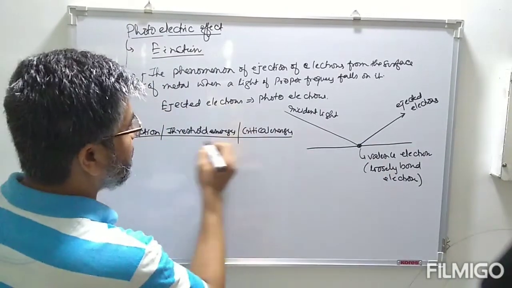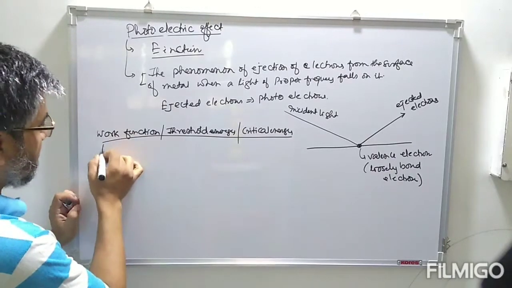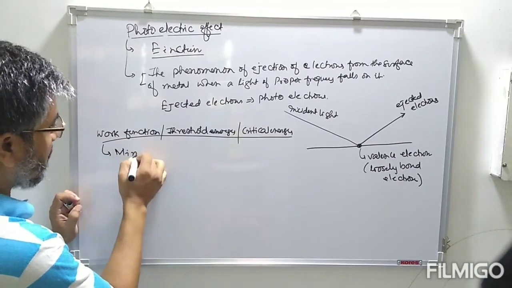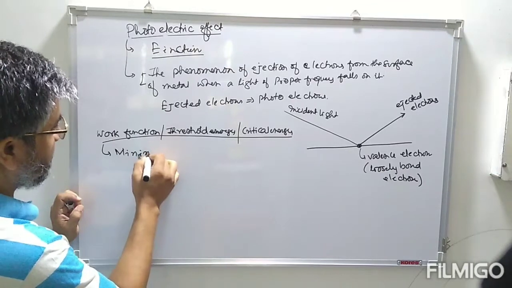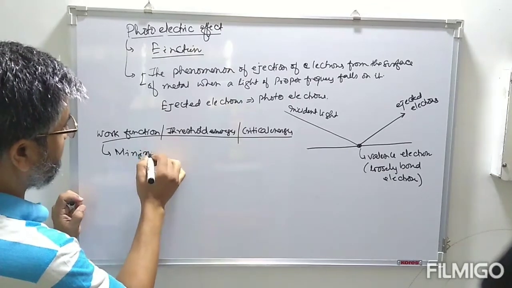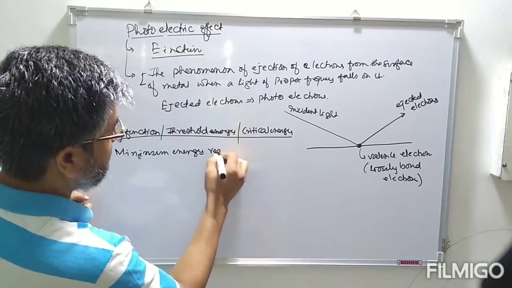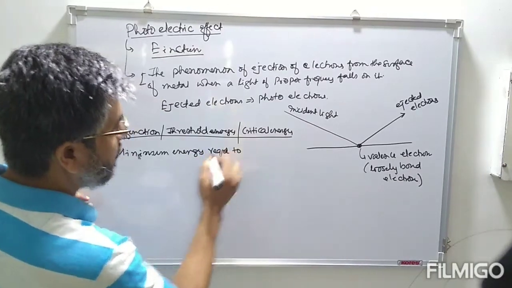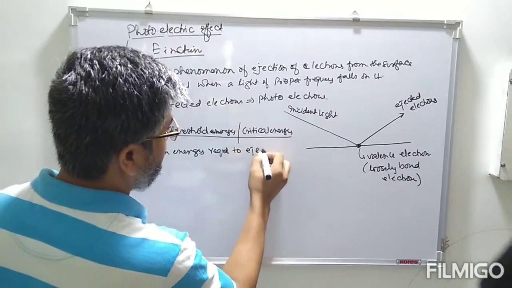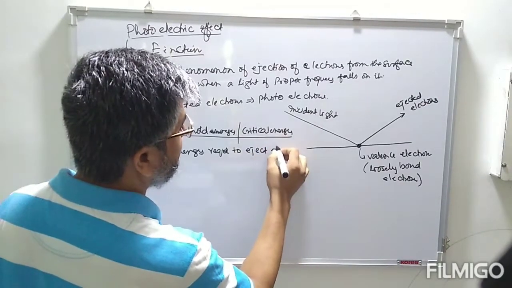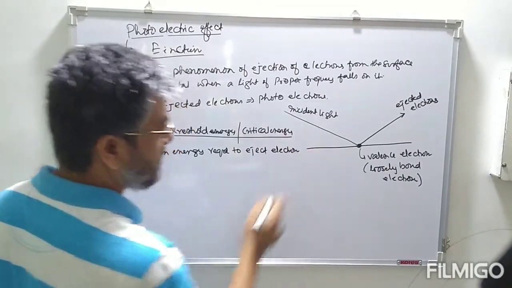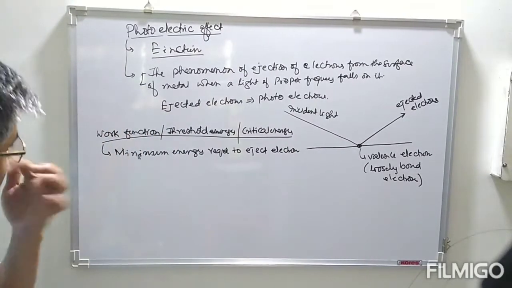This work function or threshold energy or critical energy is the minimum energy required to eject electrons from the surface of metal.